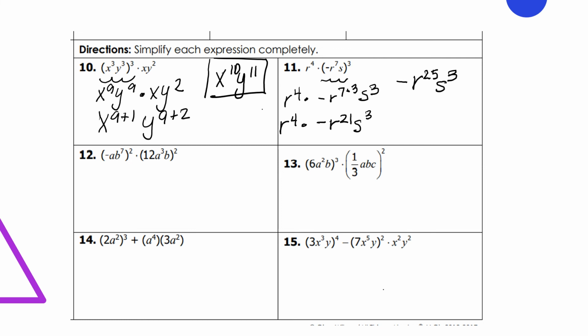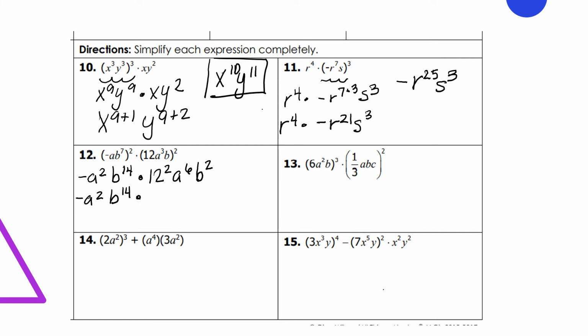Number 12, I got 2 more here. So I'm going to take everything to the power first. So I have negative a squared, b to the 7 times 2 power, that's b to the 14th, times 12 squared, a to the 6th, b squared. Let me rewrite.